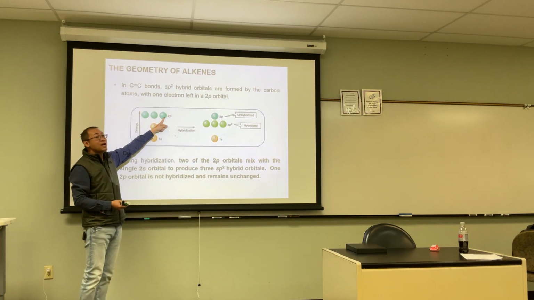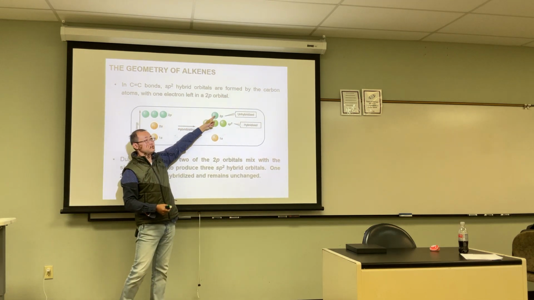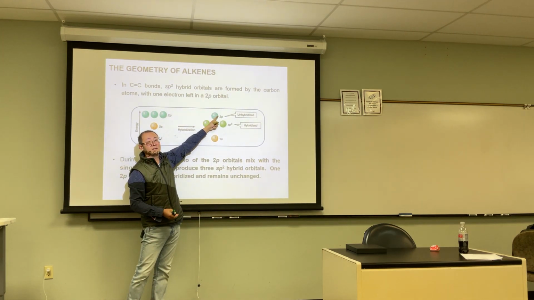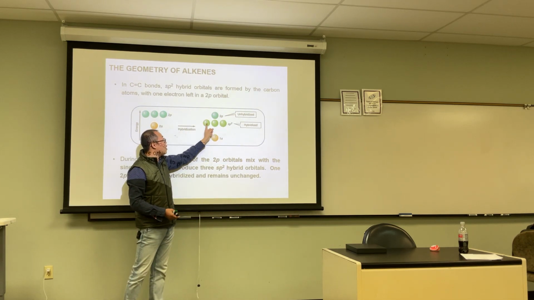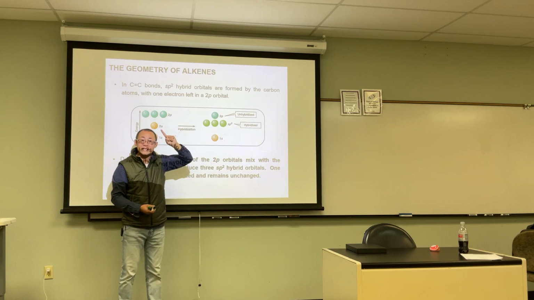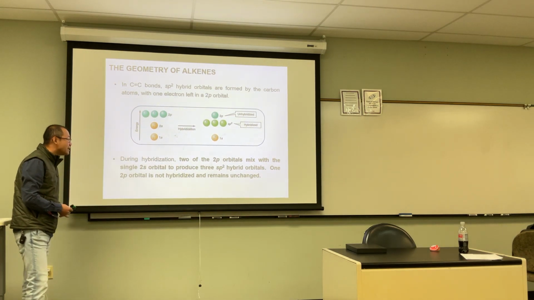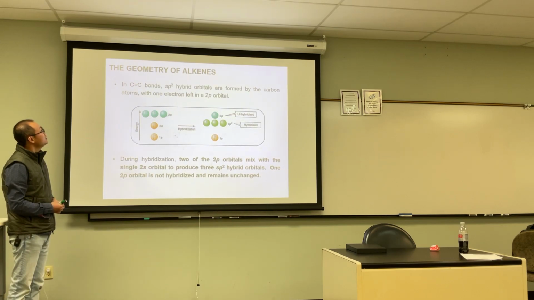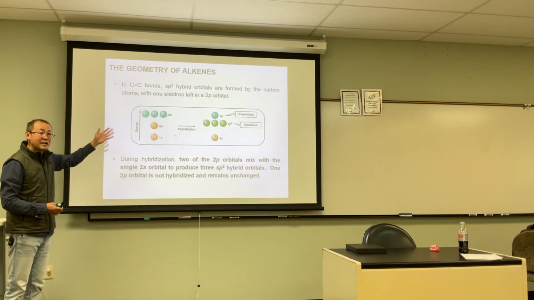And the other p orbital is not doing anything. It is just left behind. But after that, you still have 4 orbitals, each containing a single electron. We call that sp2 hybridization. This is what the carbon needs to do.